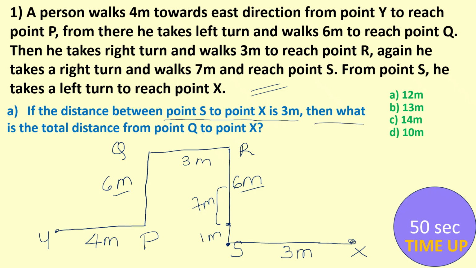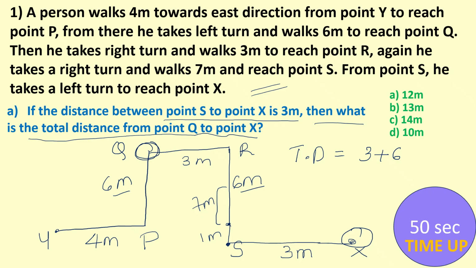Then what is the total distance from point Q to point X? Now they have asked the total distance from point Q. This is your point Q and point X is here. So what will be the total distance? Just add 3 plus 6.